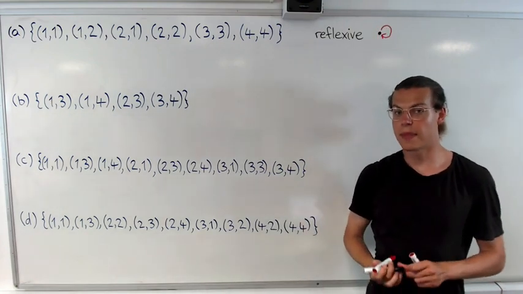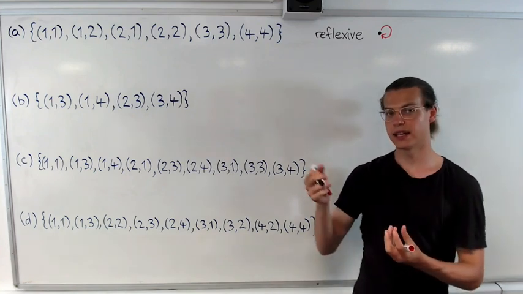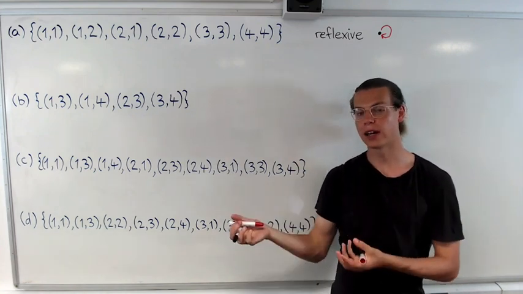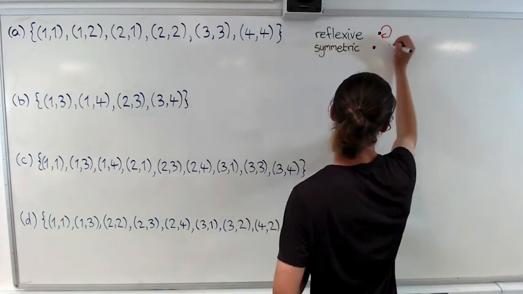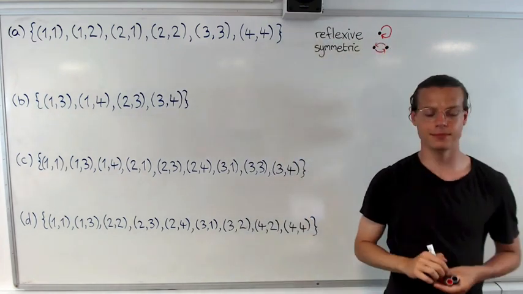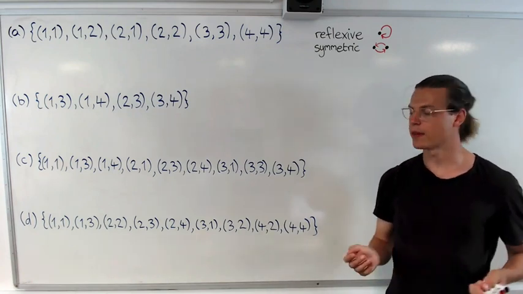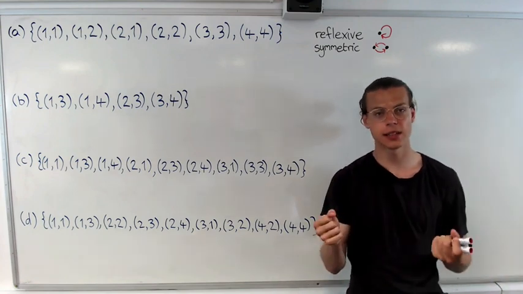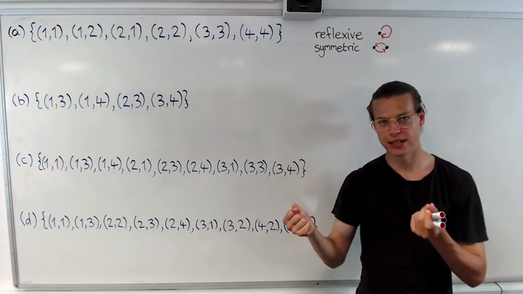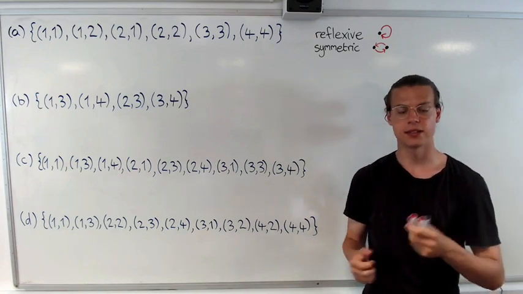The relation is symmetric if whenever x is related to y, then y is related to x. And a relation is transitive if whenever one element is related to a second and the second element is related to a third, the first element is related to the third.